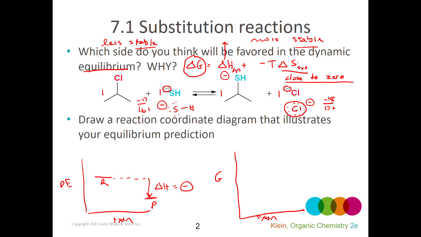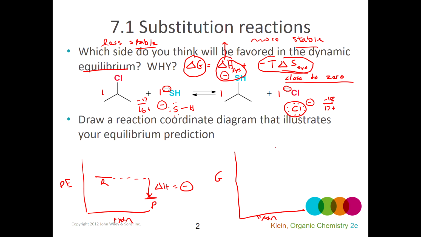And so if this value is 0 or close to 0, this whole term, when multiplying everything together, becomes 0 or close to 0. And when I add it to delta H, it's not going to affect the value for delta H much. So the sign for delta H in most of these substitution reactions can be used as a proxy for the sign for delta G, because the other term is usually very small when you have reactants and products that are very similar in entropy.